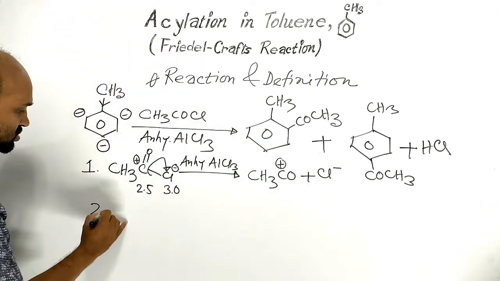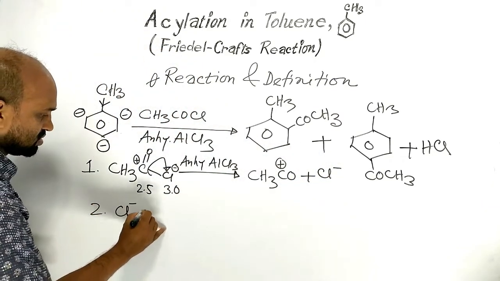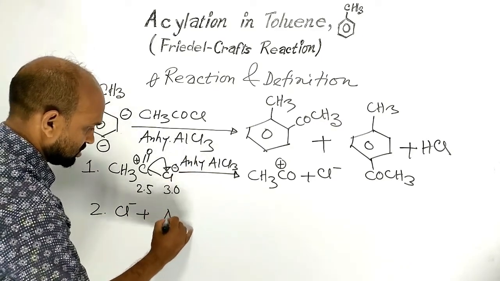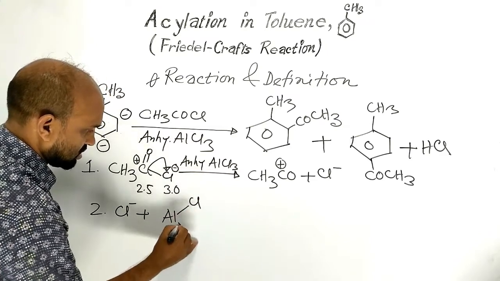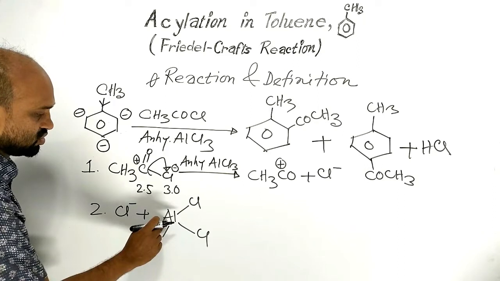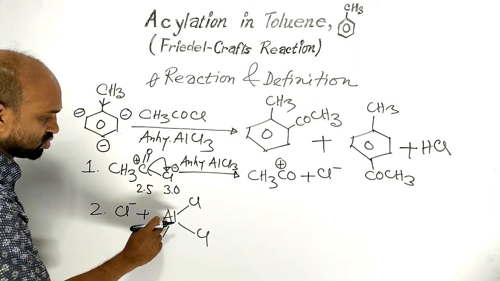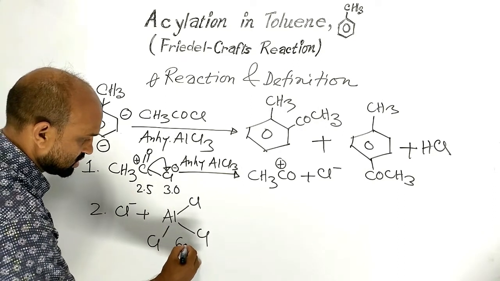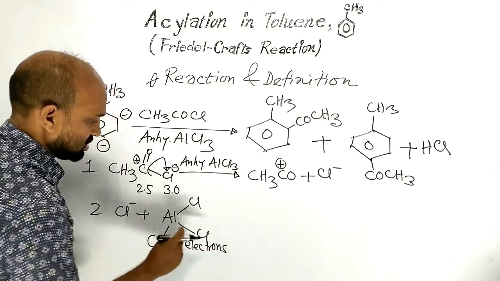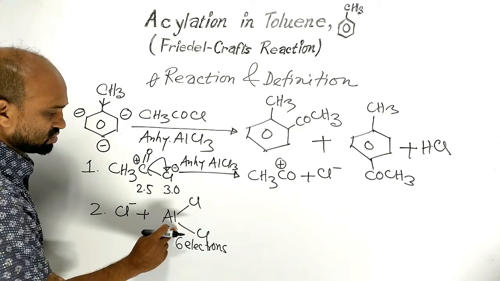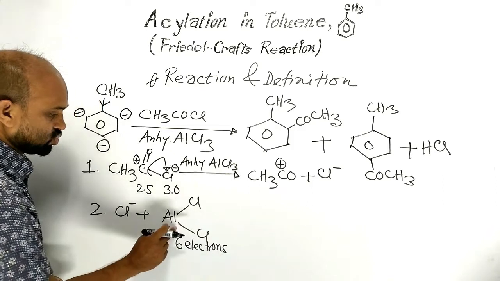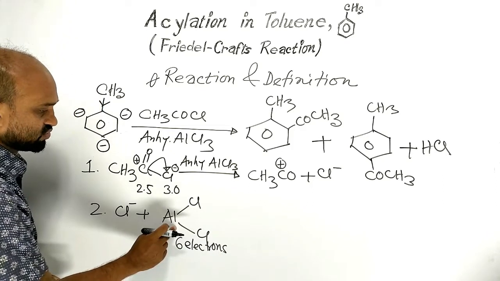Step 2, this chloride ion combines with anhydrous aluminum chloride, which is a kind of Lewis acid. Around aluminum there are 6 electrons. It's a covalent compound with 3 covalent bonds, 6 electrons, so the octet is not fulfilled.